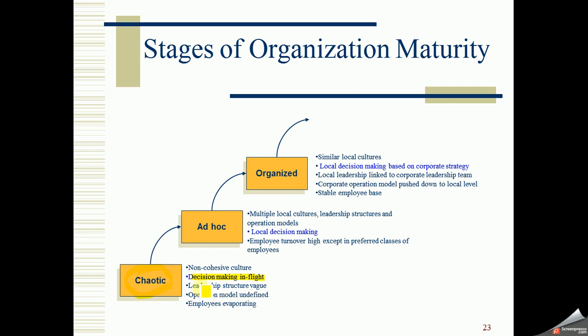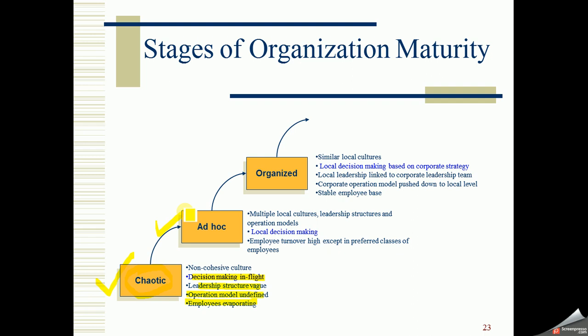The leadership structure is vague. Sometimes A is leading, and the next day B is leading the organization. The operational model is undefined. Employees are evaporating. The employee retention is very, very low. So as the name implies, it is chaos. We do not have any culture in the organization.